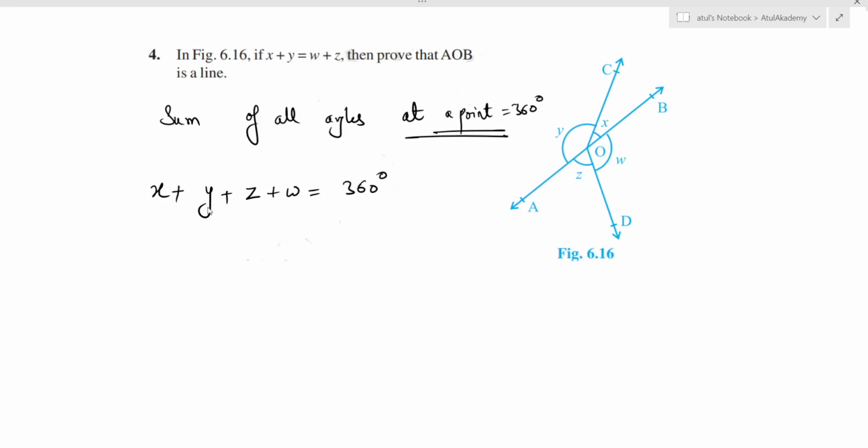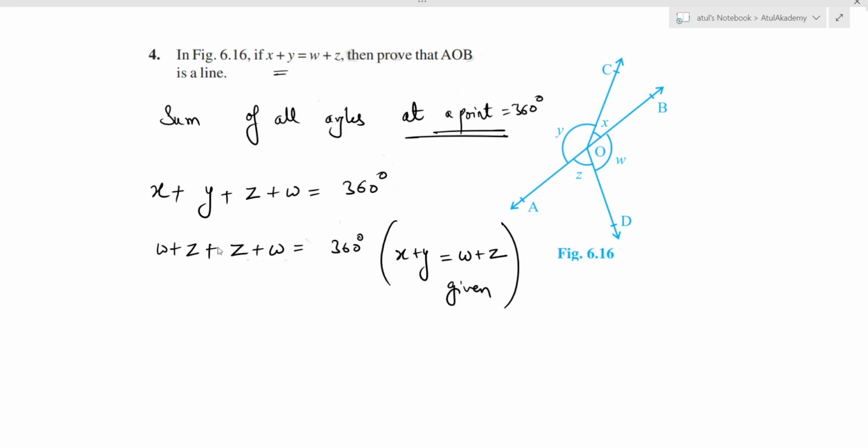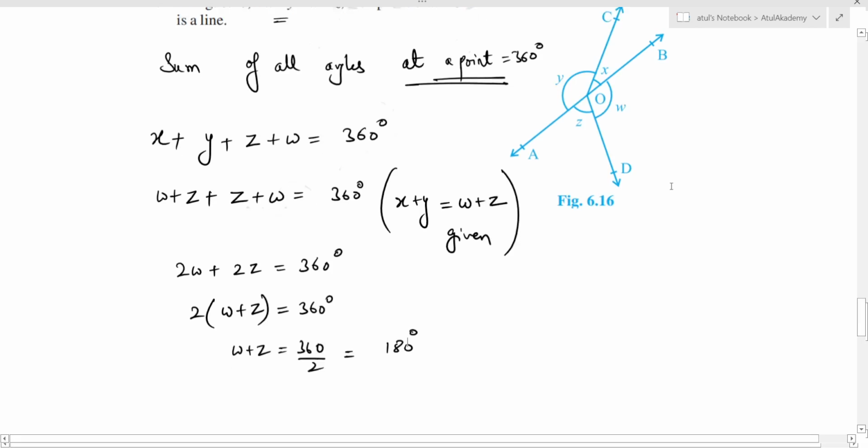Now x plus y is given equal to w plus z. So instead of that, I'll write w plus z plus w plus z is 360 degrees. The reason you will write is that x plus y is equal to w plus z, that's given. Okay, students. Now 2w plus 2z is equal to 360 degrees. Take 2 common: w plus z is 360 by 2, which is 180 degrees. Now w plus z are what?